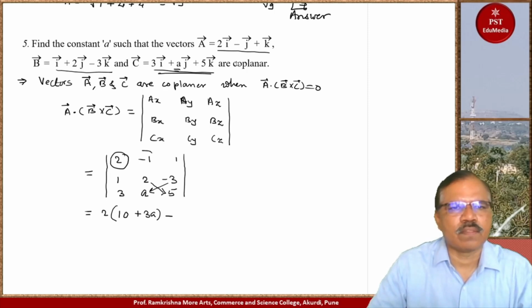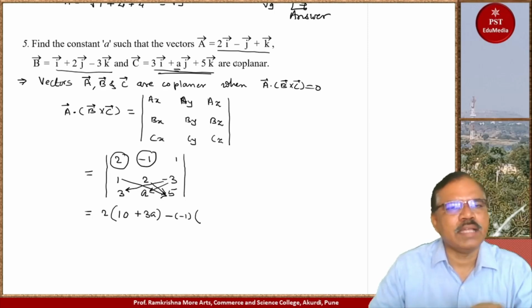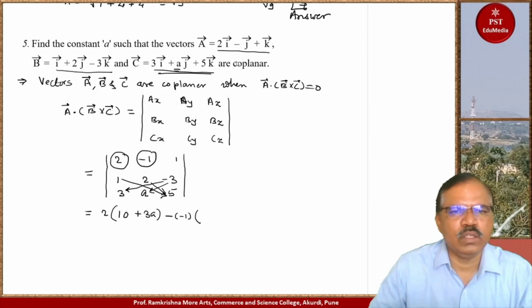Minus, this minus 1. And then you have to take this product, 1 into 5 minus minus 3 into 3. So 1 into 5 is 5, minus 3 into 3, that is minus 9, and here we have to take the negative of that. So plus 9. Plus now.